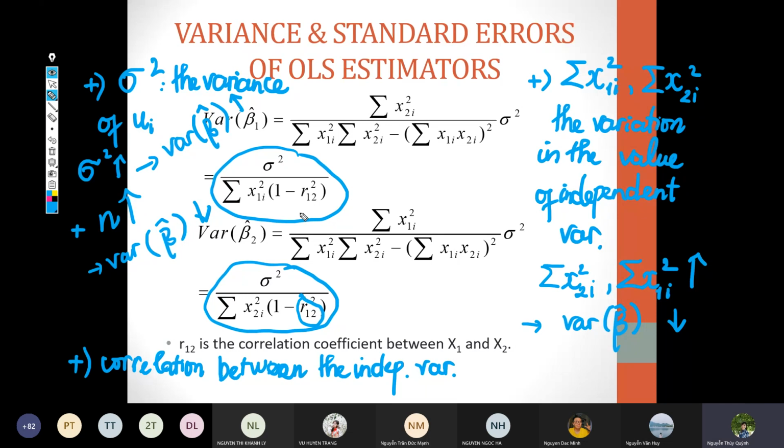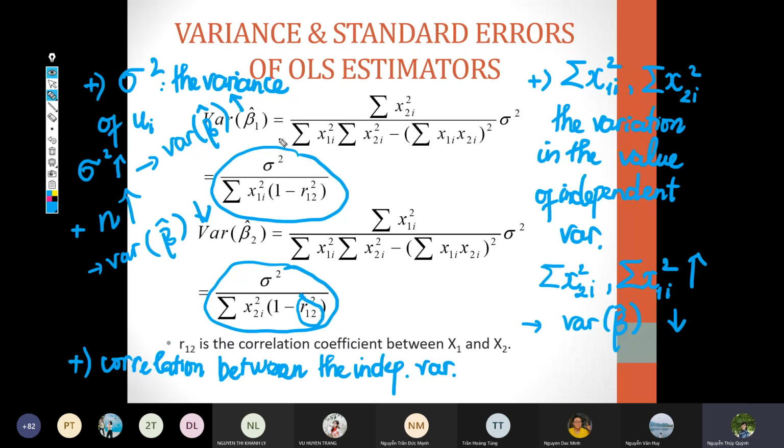All right. So now, when this one is equal to 1, we will have 0 in the denominators. And it means that this variance is infinite.